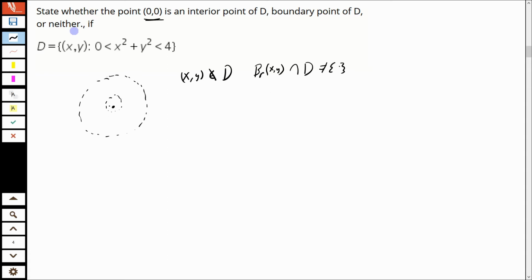All that's saying is that any circle I draw around this point is going to intersect my set, meaning it's going to be a boundary point.